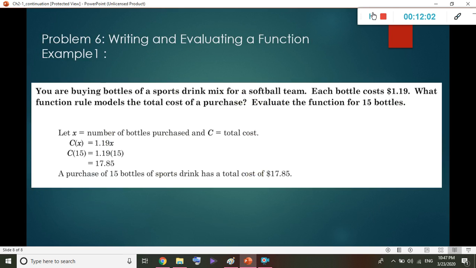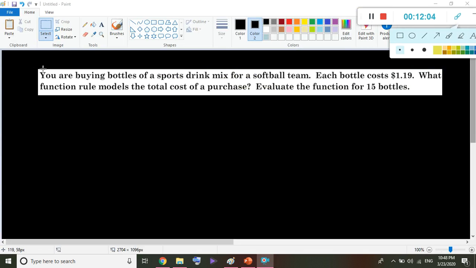Okay, so just let me copy it over there. Okay, so here you are buying bottles of sports drink mix for a softball team. Each bottle costs $1.19. What function rule models the total cost of the purchase? So let's say the total cost is C of x. This is the total cost.